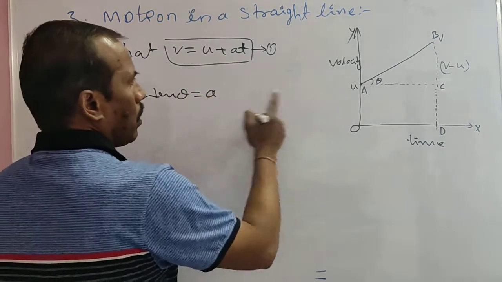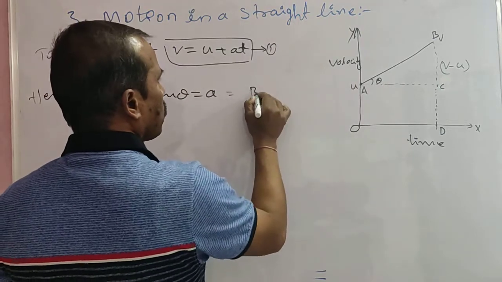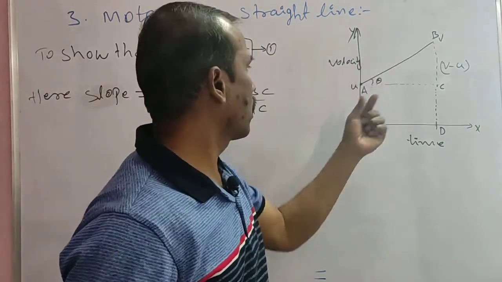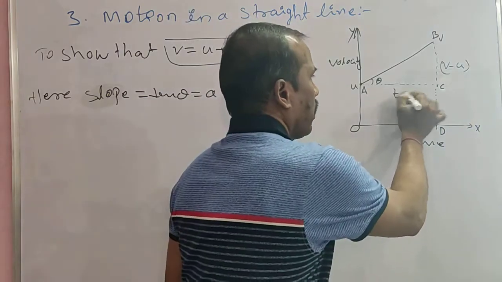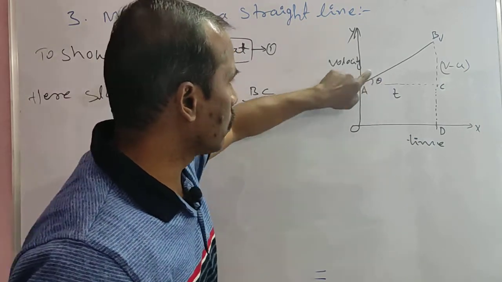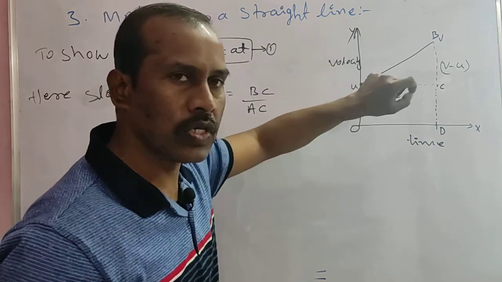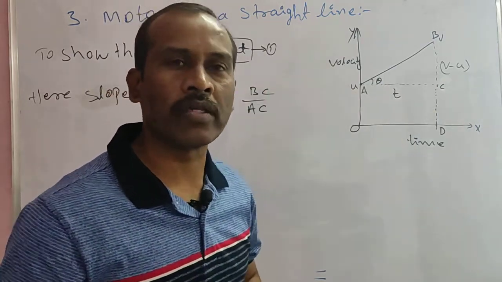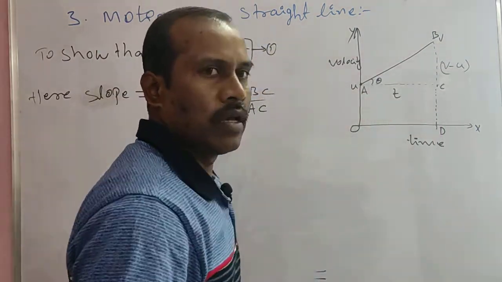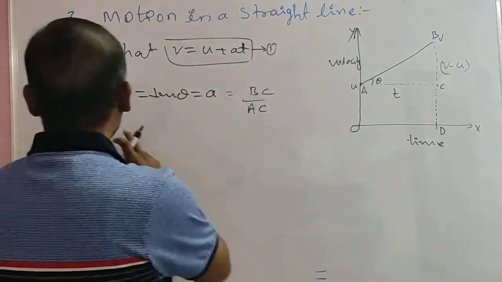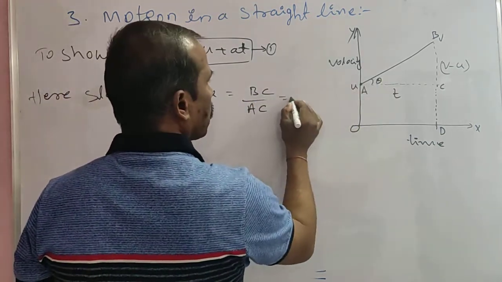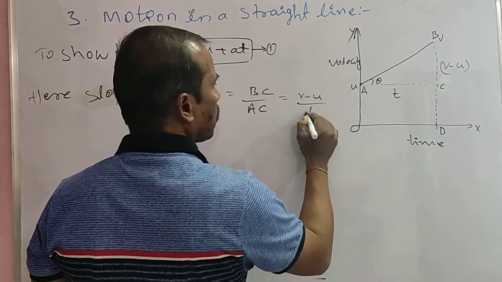So a is equal to the opposite side over the adjacent side, that is bc by ac. Here bc is nothing but the change in velocity, and ac is the time. The slope of the velocity time graph gives the uniform acceleration of the particle. So slope is equal to tan theta is equal to a is equal to bc by ac, where bc is equal to v minus u and ac is equal to time.